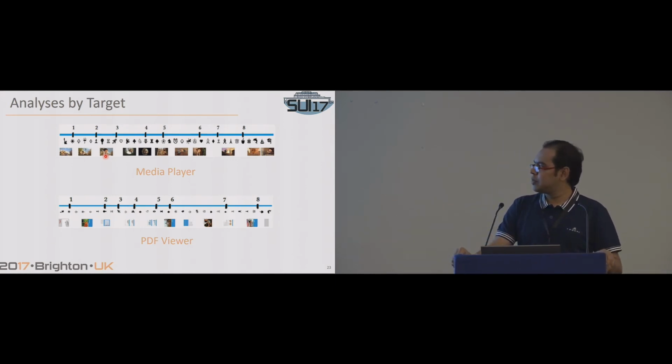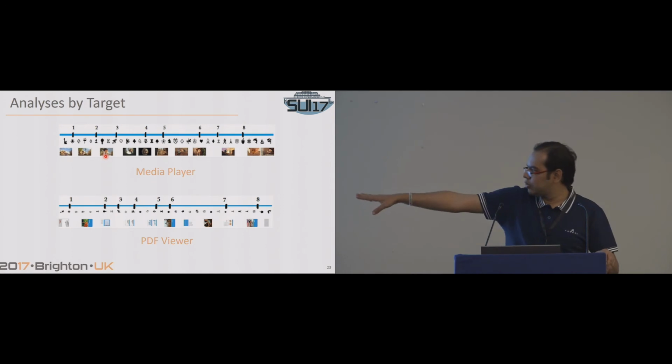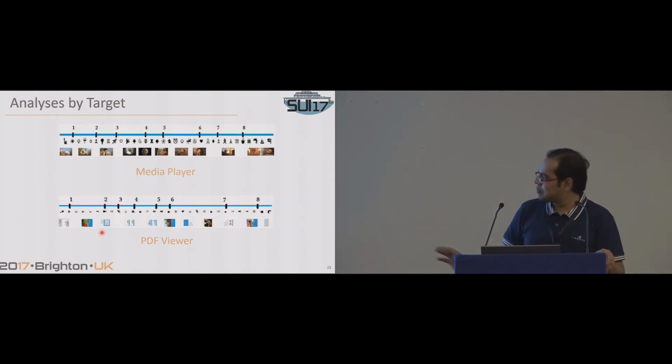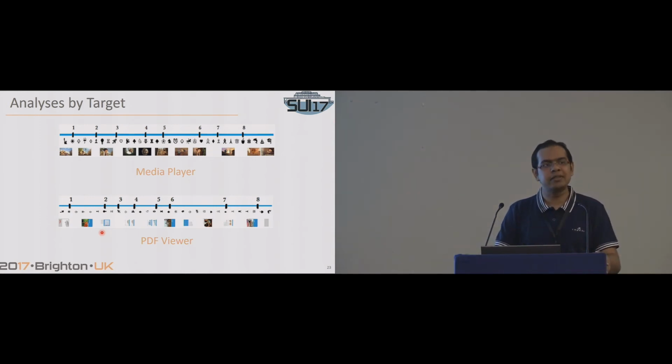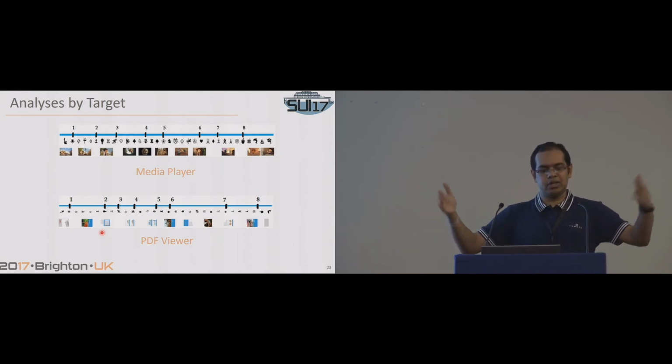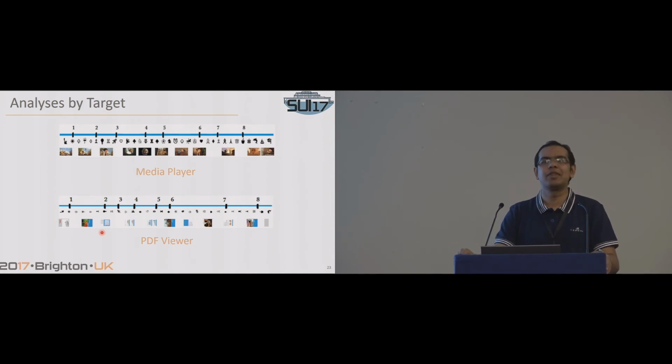And for the PDF, you can see that they have almost similar space. So we did not go for that one for our PDF viewers; we just selected them so that they can cover the whole space. I guess that answers your question.